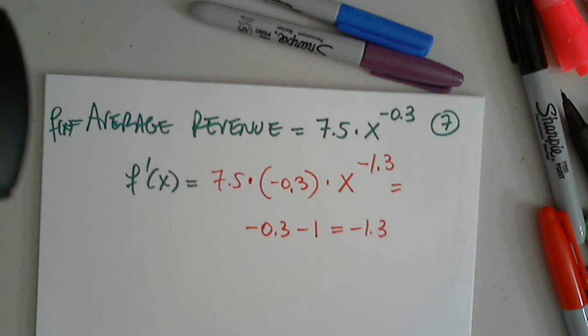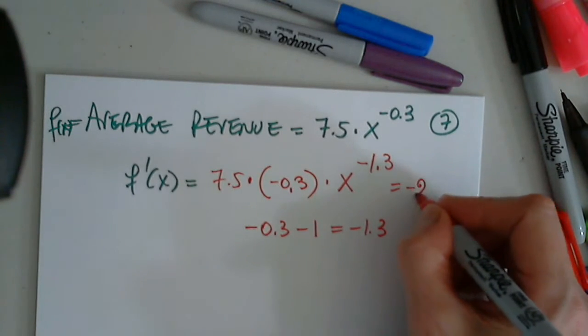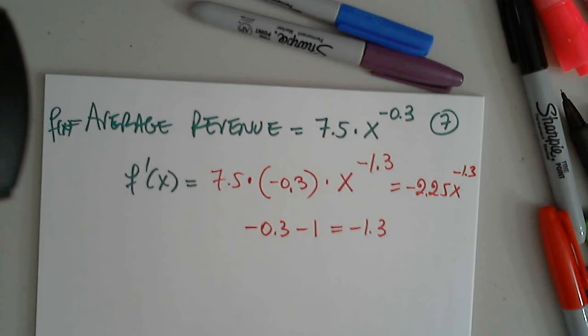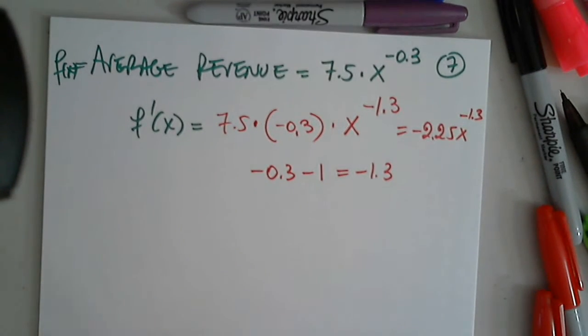Is that okay? Yeah, that's what I got. Okay. So -2.25 x to the -1.3. Any questions on this? Any questions? Okay, moving on then.